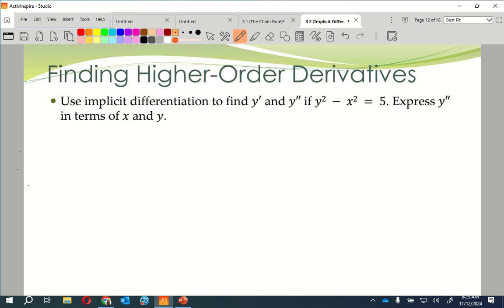All right, so let's see. If I start off with y squared minus x squared equals 5, the first derivative is going to be 2y dy/dx minus 2x equals 0.